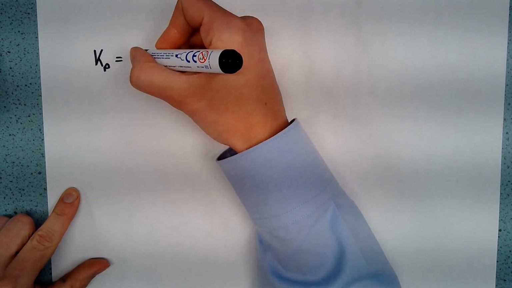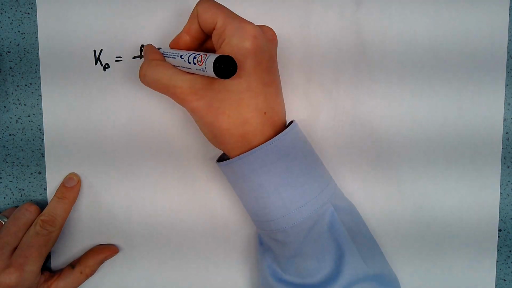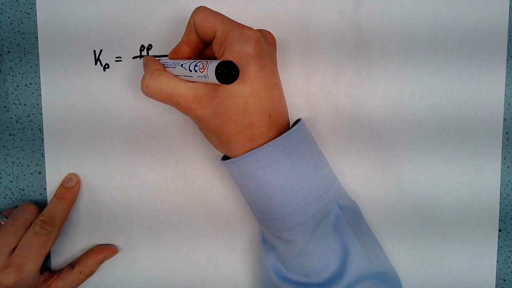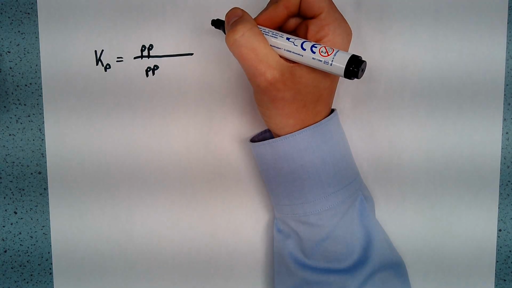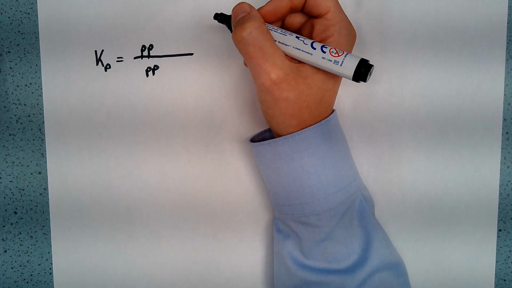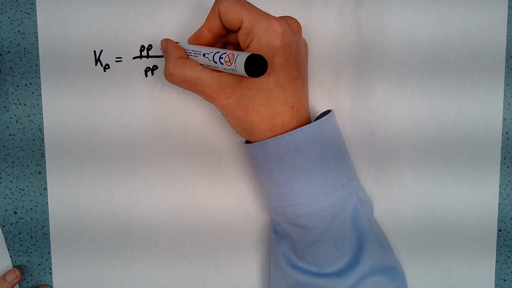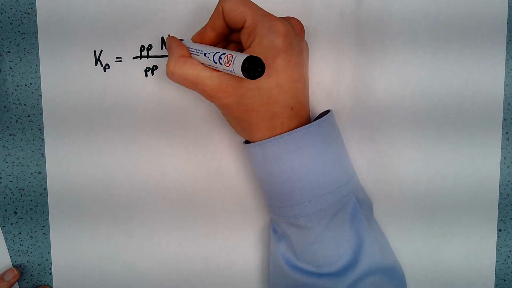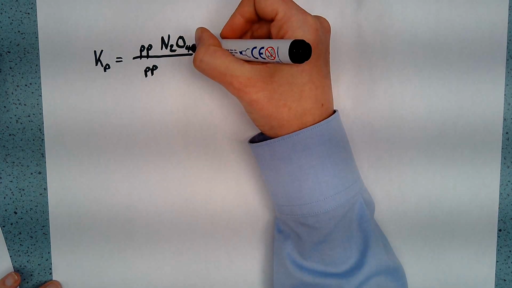So first of all, Kp is equal to the partial pressure of the products divided by the partial pressure of the reactants raised to the power of the number that's on the front of them in the balanced equation, the stoichiometric number. So, in my example, we are going to use N2O4 as our product, so that's going on the top.